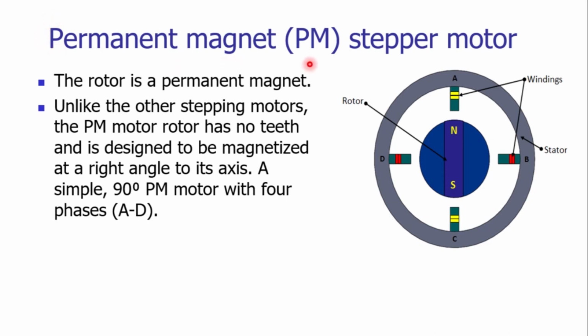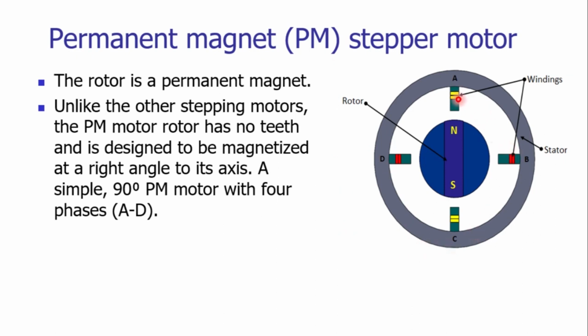In the permanent magnet stepper motor, the rotor doesn't have any poles mounted on it. Instead, it has a permanent magnet, but the stator has a number of poles. The arrangement of the permanent magnet stepper motor can be seen on your screen.